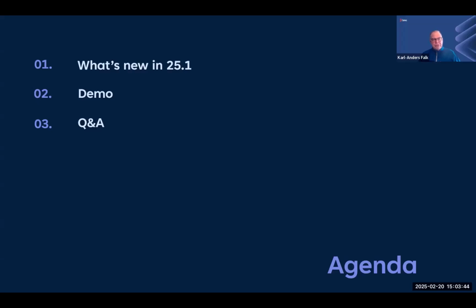So I will talk a little bit about Employee Navigator and the generative AI capabilities we have there. And then I will do a quick demo. After that, Deepak will talk about the DWP specific improvements that we've done and demo that. And of course, Q&A at the end if you want to be interactive. But if you have questions in between, we'll try to answer in the chat as we go. So let me get started.